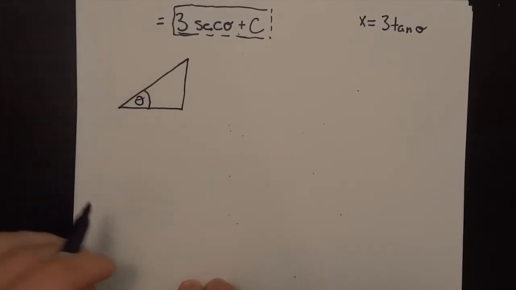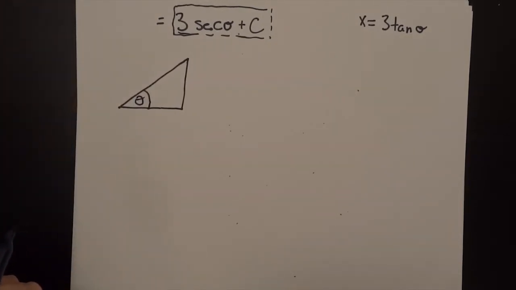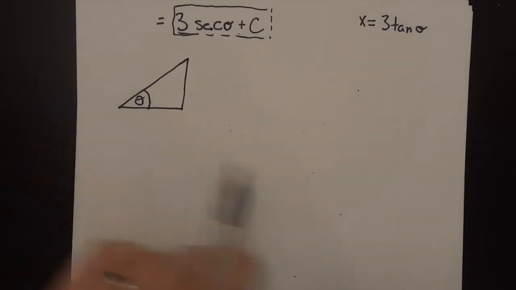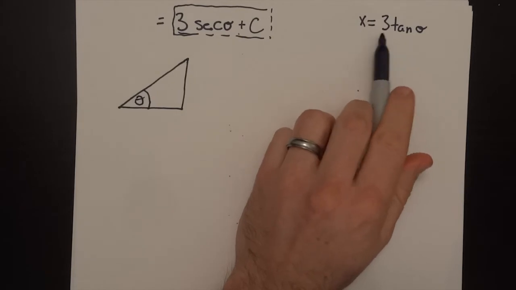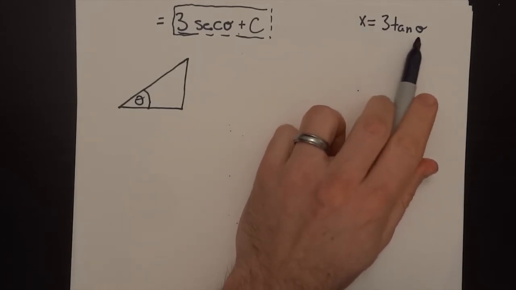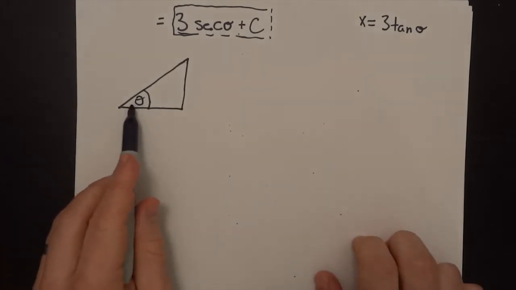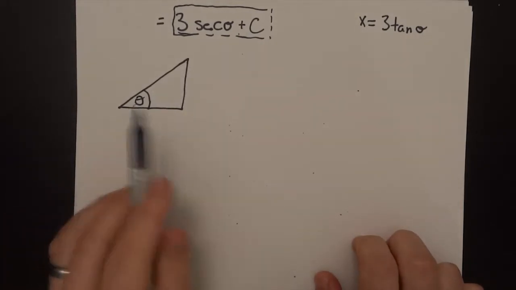That's theta, right? So what you're gonna do is you're gonna say, well, what do we know? Well, up here we know x equals 3 tan of theta, right? So here's our triangle and our angle theta.